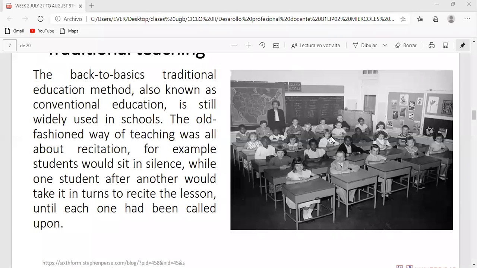Something that was not a part of this teaching method was that students were not invited to reflect. They were not invited to ask many questions. Teachers were always right and they could not be corrected. They felt offended. And that's something that is not happening in modern teaching methods.